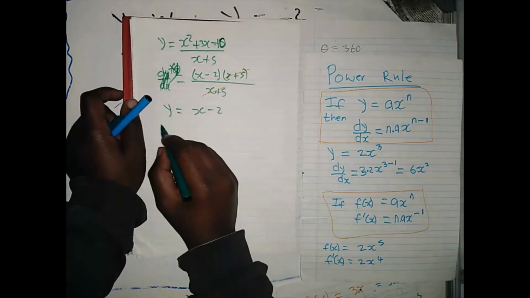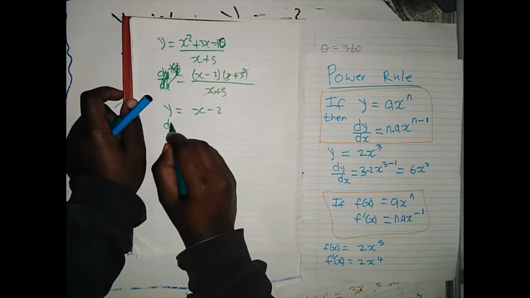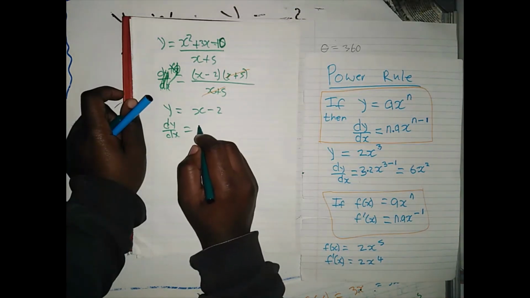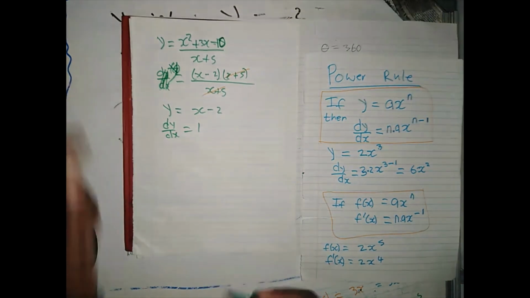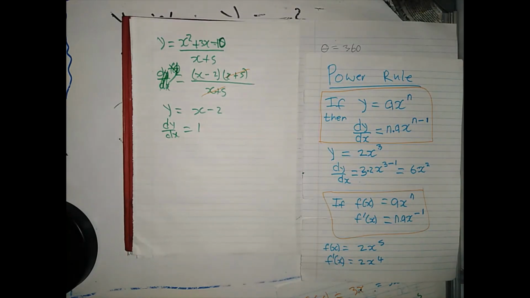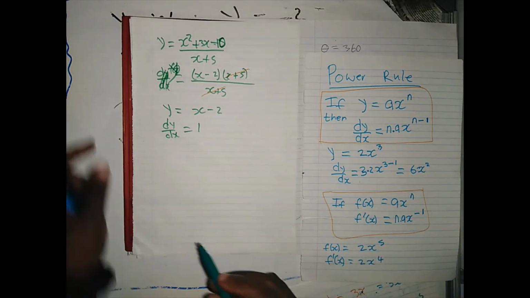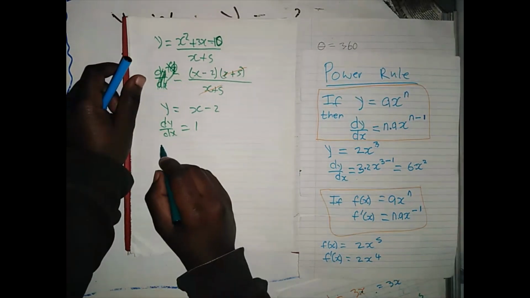So you end up with something like this, and then eventually dy over dx becomes the derivative of this, which is 1, and the derivative of this, which is 0, and then you end up with 1.